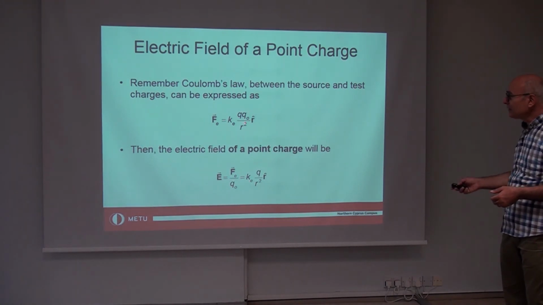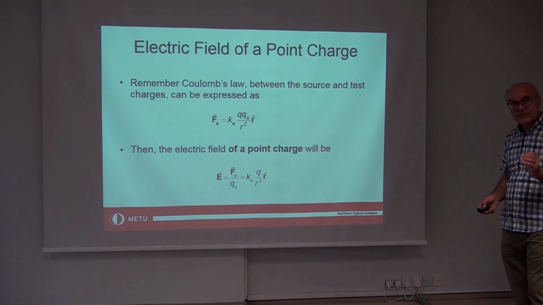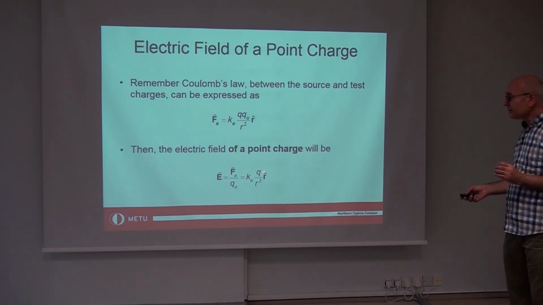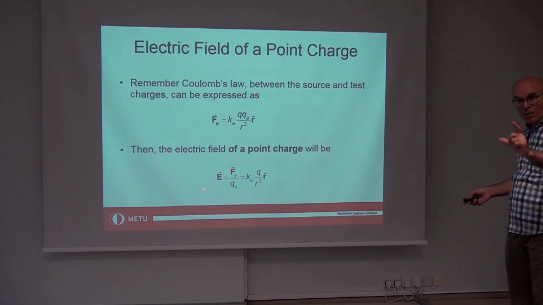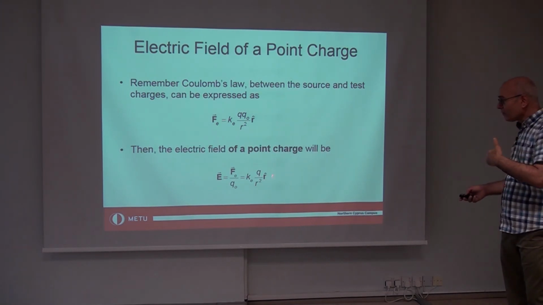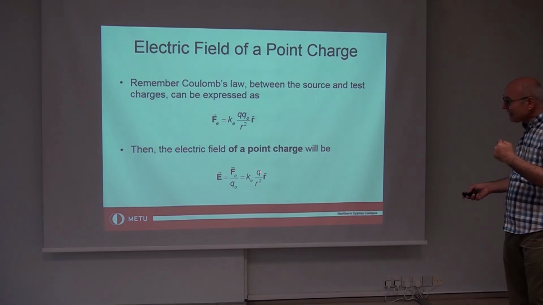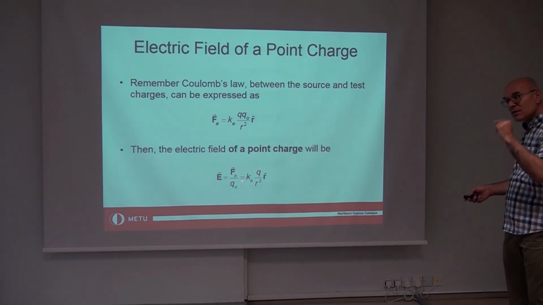When you divide, Q naught cancels out, and you get this expression for the electric field generated by the source charge Q at a point that's a distance r away from that source charge, along the vector r hat, which goes from the source charge to the point where you want to calculate the field.